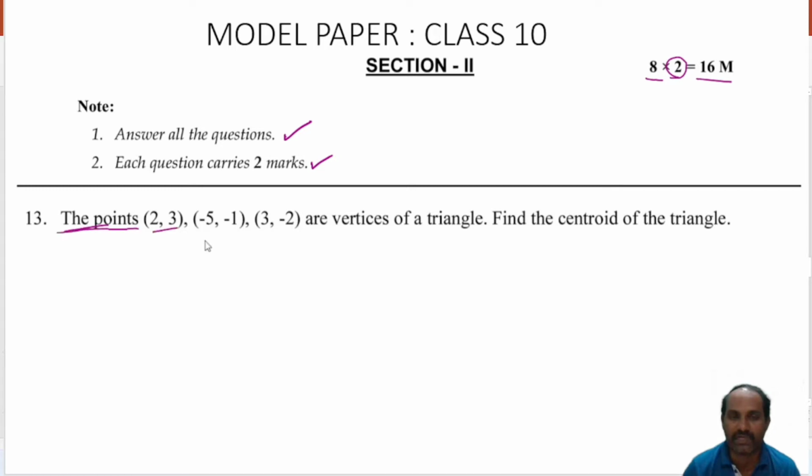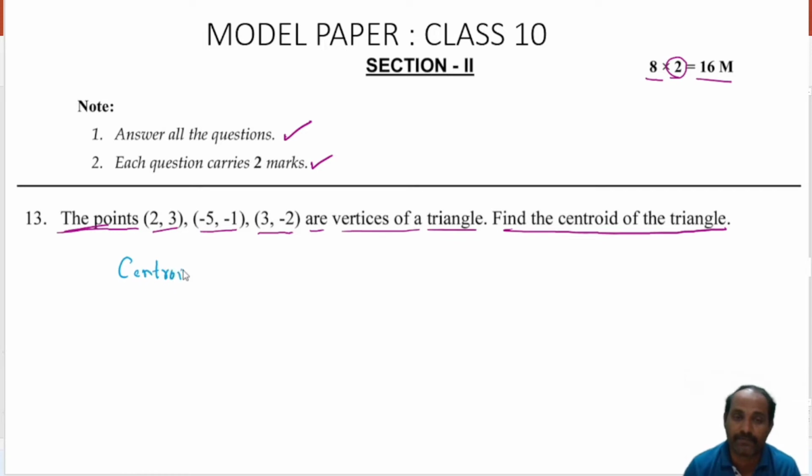(2, 3), (-5, -1), (3, -2) are the vertices of a triangle. Find the centroid of the triangle. Centroid means the intersecting point of the medians. We have a direct formula. What is that formula?